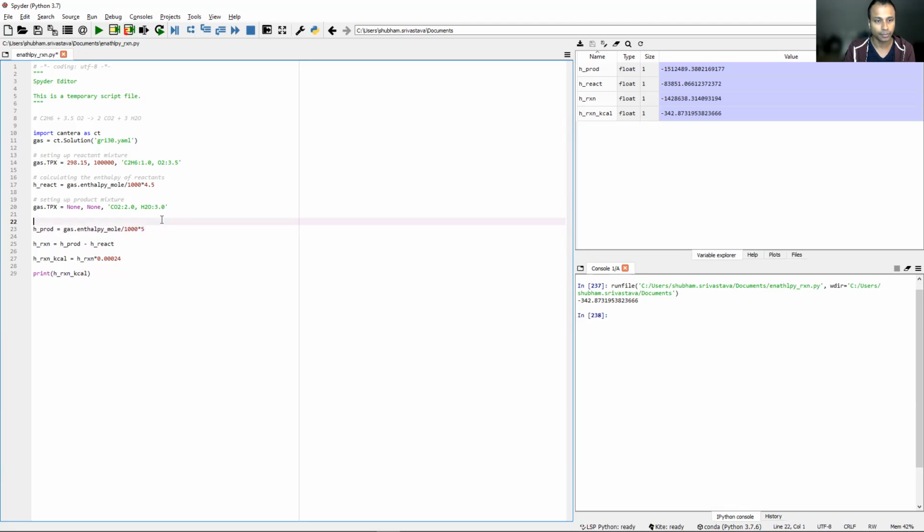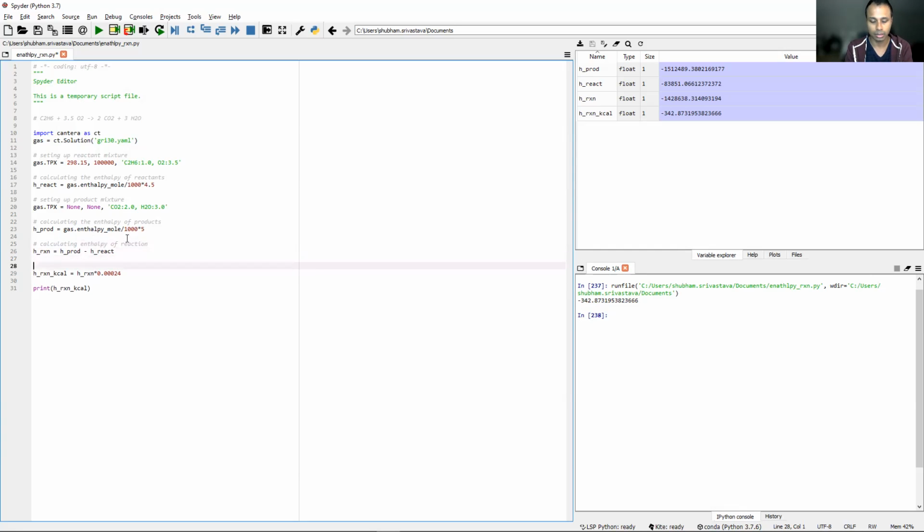So this here is calculating the enthalpy of reactants. I'll just copy the comment from here and I'll paste it here. Calculating the enthalpy of products. And this here is calculating enthalpy of reaction.